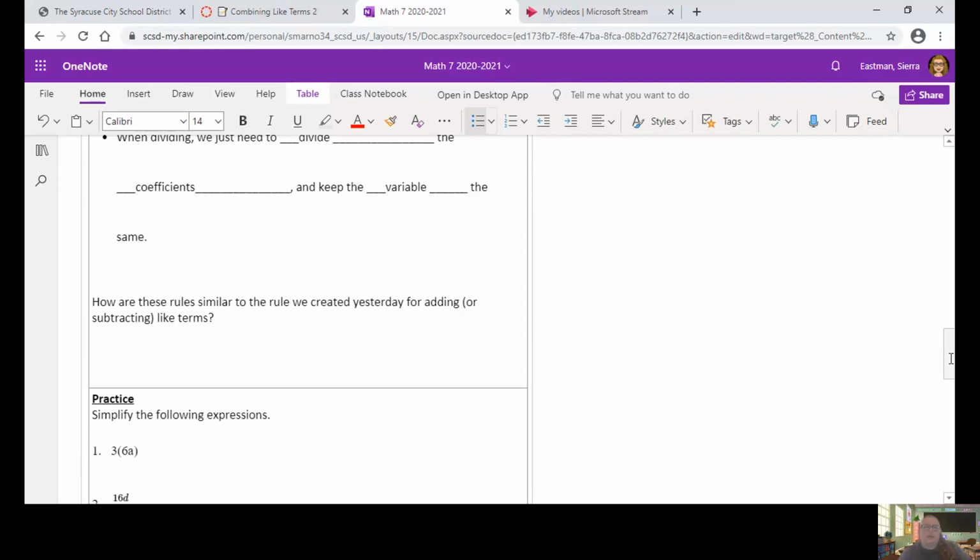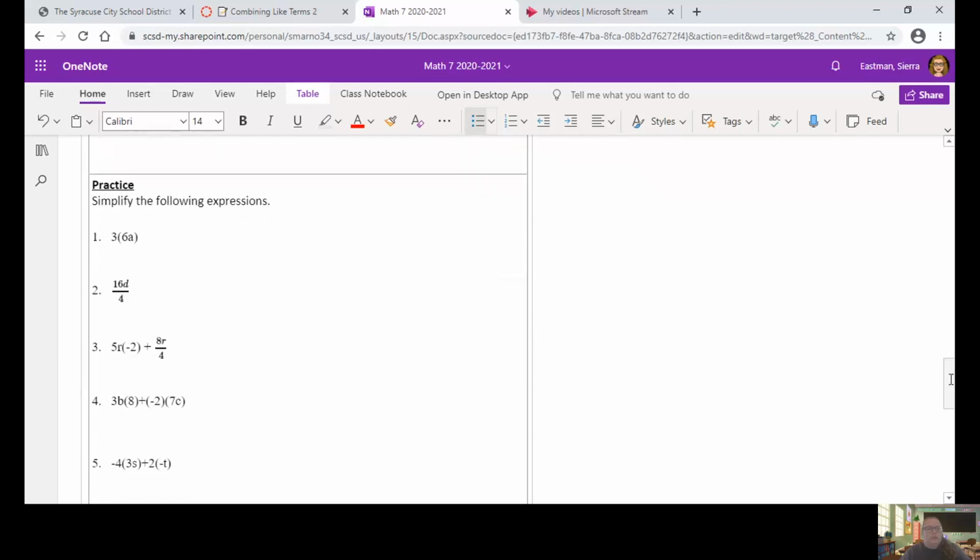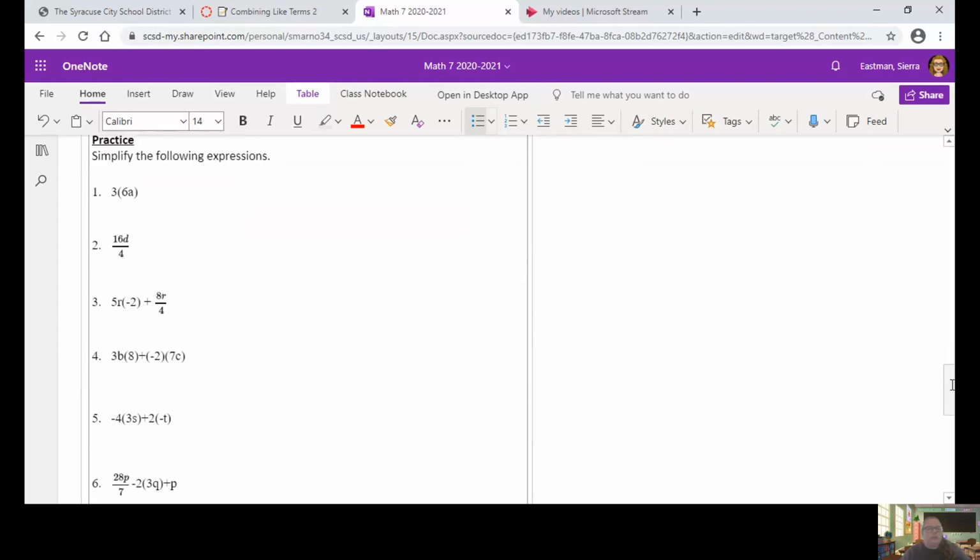As long as they are like terms, they both started with the same variable, we can put that on the answer as well. Alrighty, at this point, you guys should be able to try some of these practice questions for me.